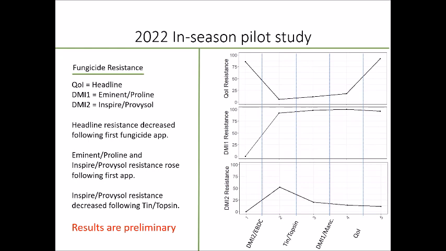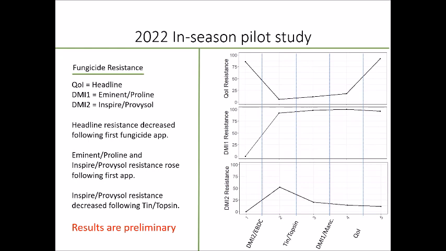And I guess if you were to move into this next part naively, I would have assumed to see the same trend in resistance for DMI2, which would be Inspire and Provosol. But we actually don't. After the first DMI application, which was actually Inspire in this case, we see a slight increase in the resistance to Inspire and Provosol, but then a reduction following the tin topsin that followed this up, and even a further reduction following the later DMI application.